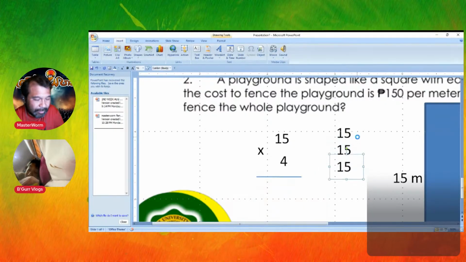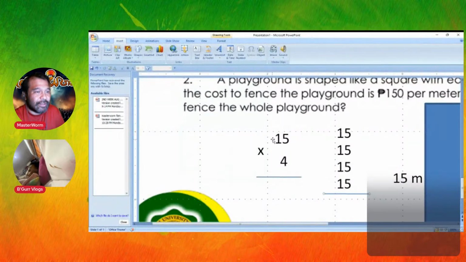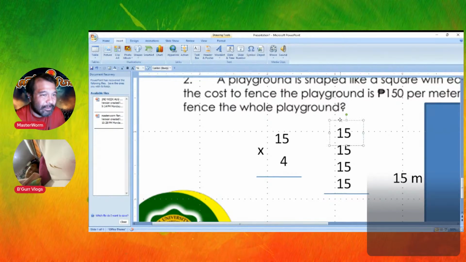You remember or you forgot? Forgot. Okay. So this is the same. When you say 15 times 4 is also the same as 15 plus 15 plus 15 plus 15, it means that you will be adding 15 four times.